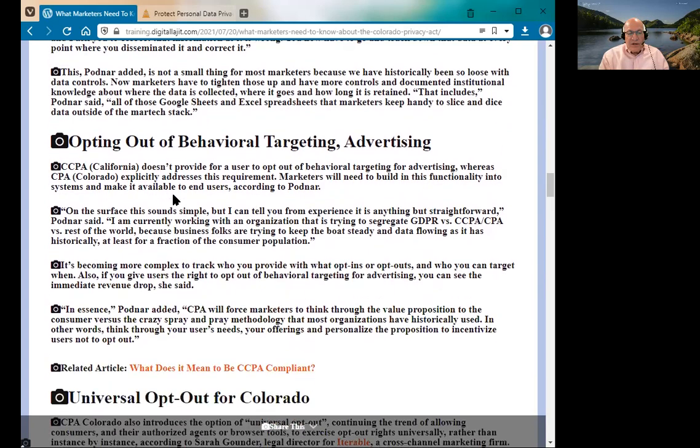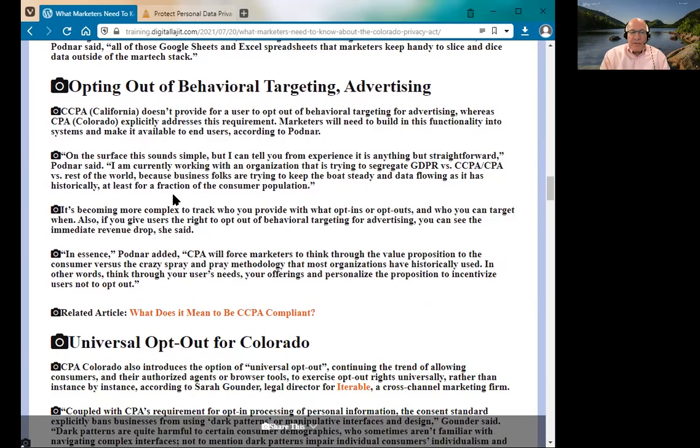The other thing that the law does is allow people to opt out of targeted advertising, which of course the advertisers hate, because targeted advertising is how they make a lot more money. If you look at companies like Facebook, they make, I don't know the exact number, 10 times as much money from a targeted ad than they do from a blind ad. The other thing you'll be able to do as a consumer is opt out globally.